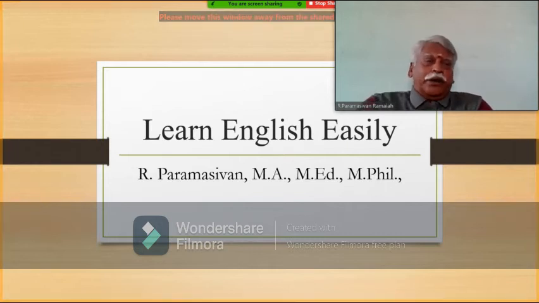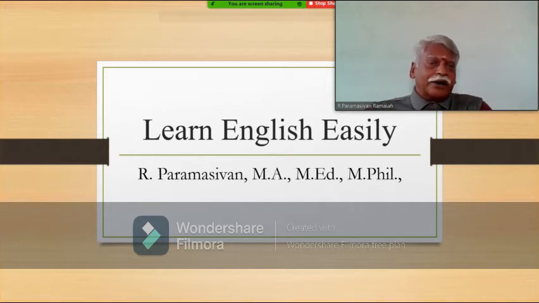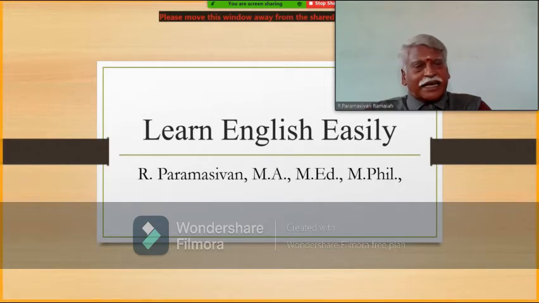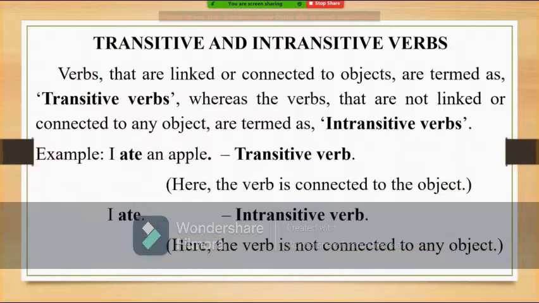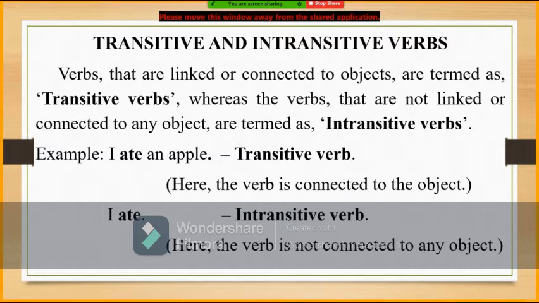Again, I want to recall. Transitive verbs are the verbs that are linked or connected to an object. The verbs that are not connected to any object are called intransitive verbs. Verbs that are linked or connected to objects are termed as transitive verbs, whereas the verbs that are not linked or connected to any object are termed as intransitive verbs.